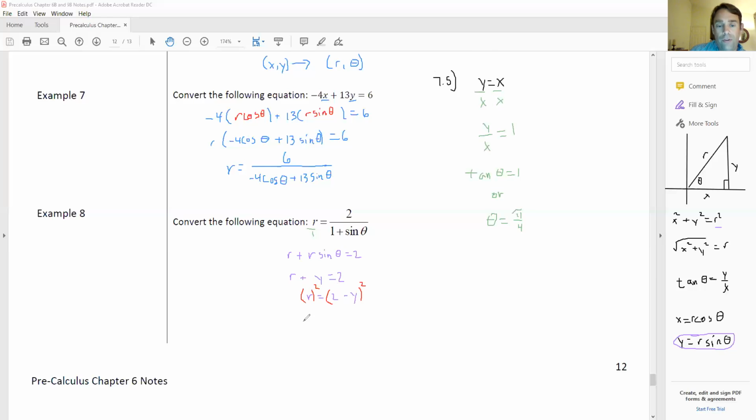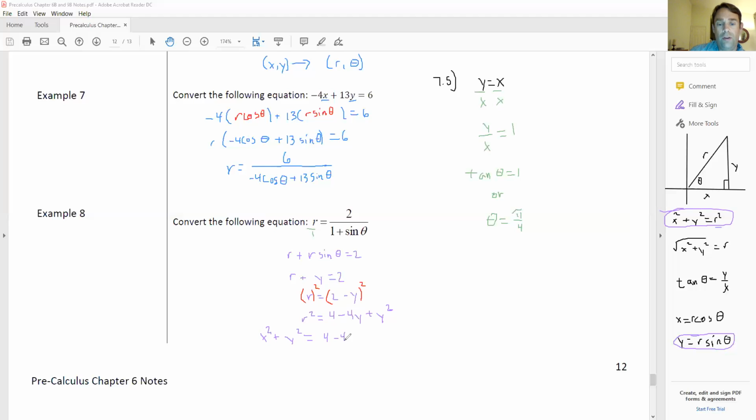I end up with r squared equals 4 minus 4y plus y squared. Now, friends, I know what r squared equals. That's x squared plus y squared. So I'm going to plug that in here. I've now officially gotten rid of all my r's and thetas, so I did what I wanted to do.